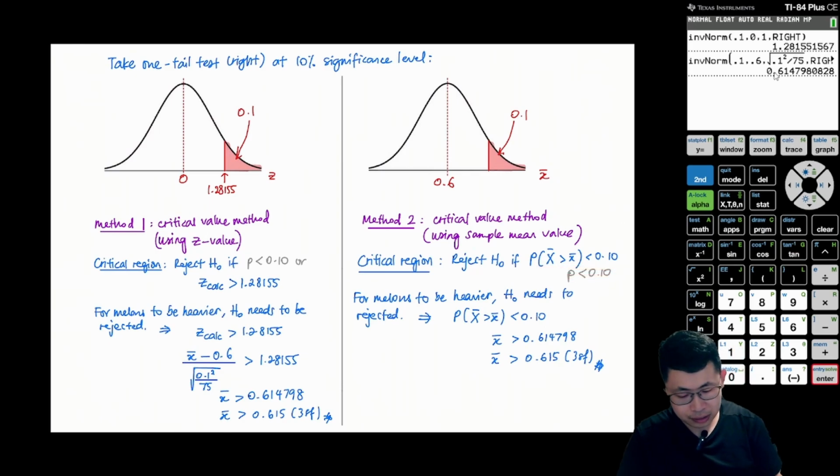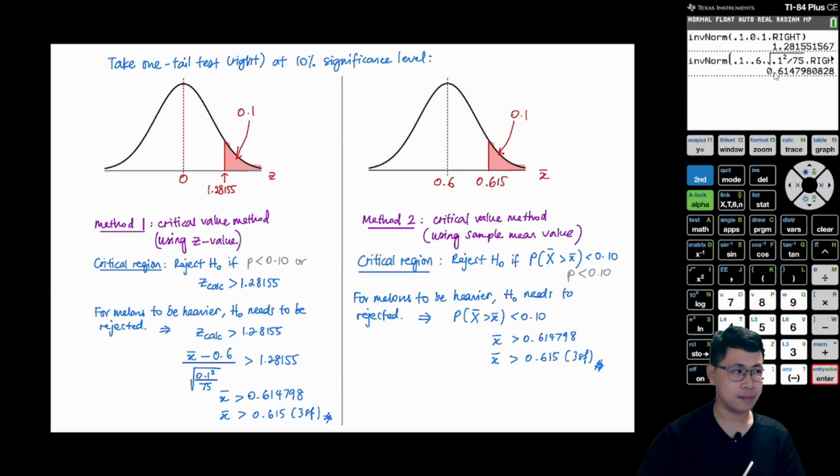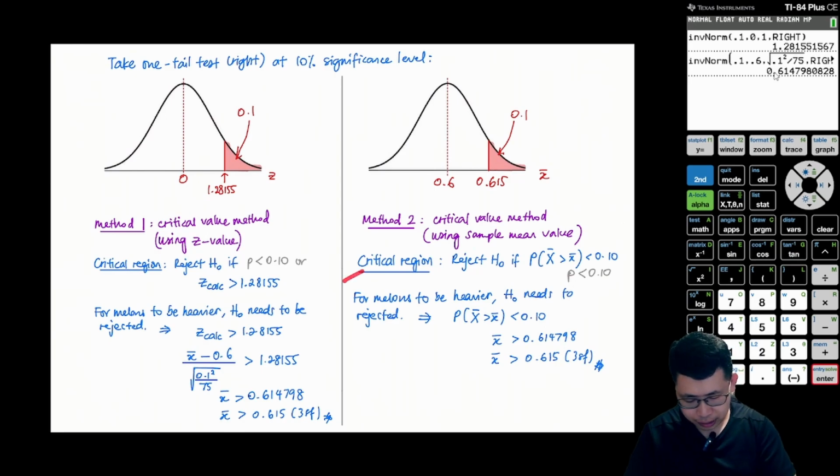Even for the previous one, it's not all the time we'll follow this. We need to look at the conclusion and see, sometimes it's really less than. Sometimes we do not agree, so we have to be over here, likewise over here. So this value over here be 0.615. We are still advised to write down our critical region.